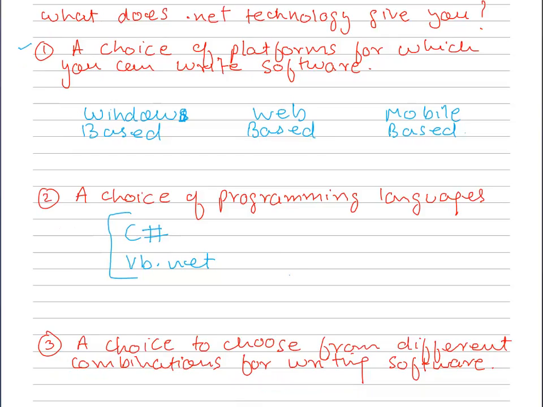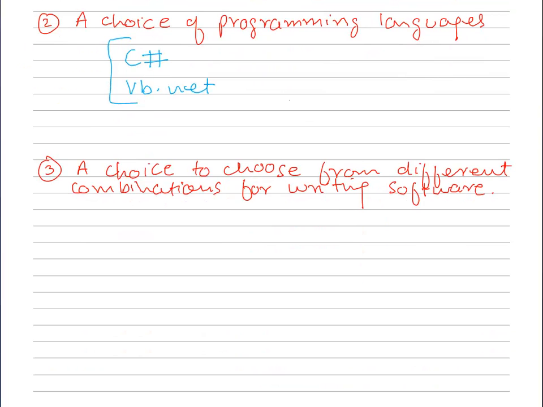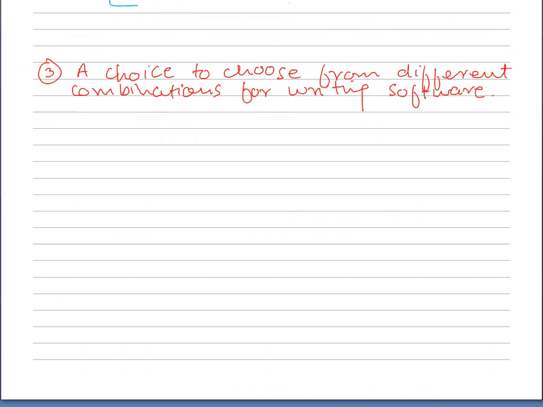Now the third thing is that .NET technologies give you a choice to have different combinations. By this what we mean is that you may say that I want to write a window based application, but I want to use VB.NET as my programming language.